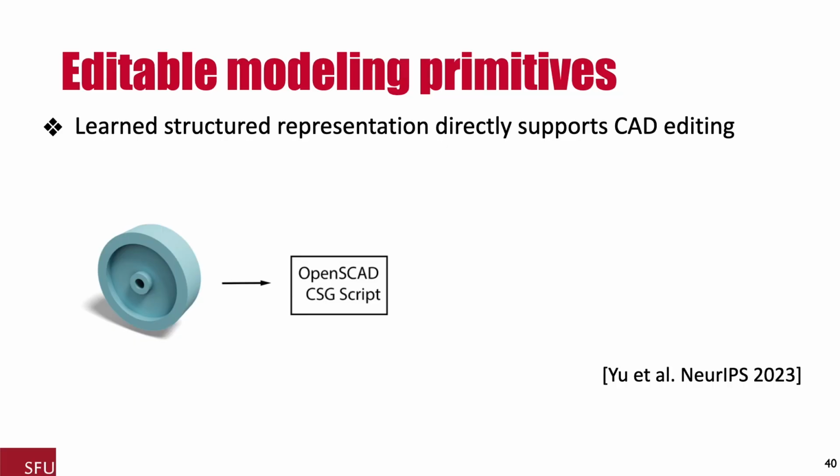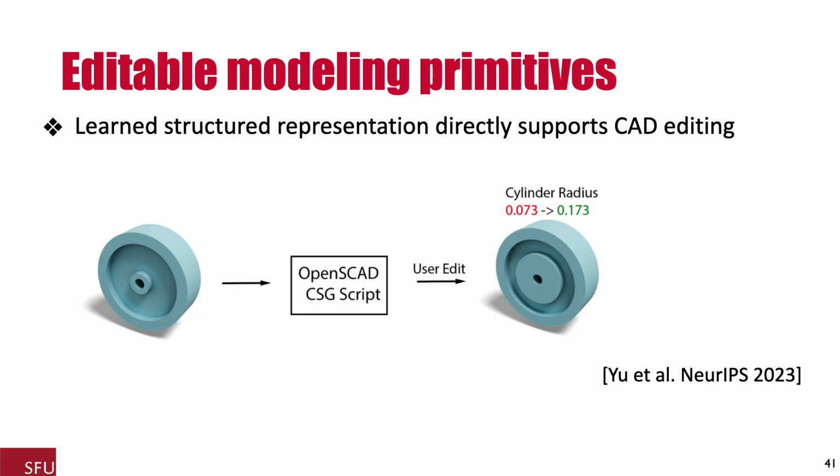Then we got CAPRI-Net, and it's able to produce a much more reasonable interpretation of CAD models, especially those from the so-called ABC dataset. With this kind of representation, you're able to edit easily because you have a CSG. You can just change parameters so you can get new models.